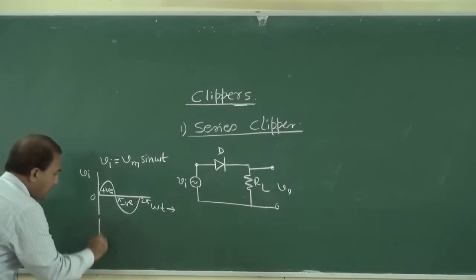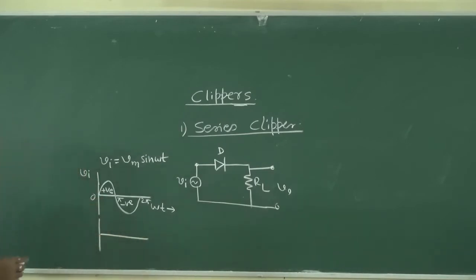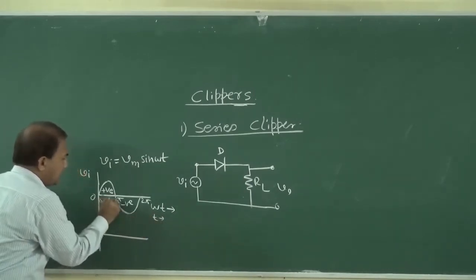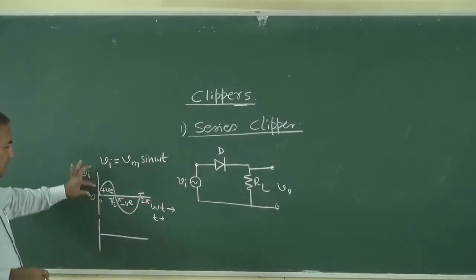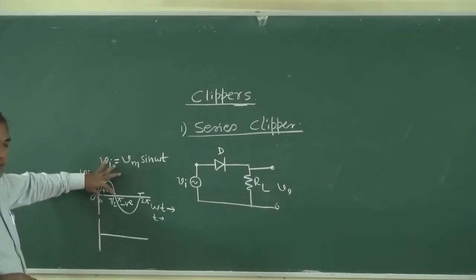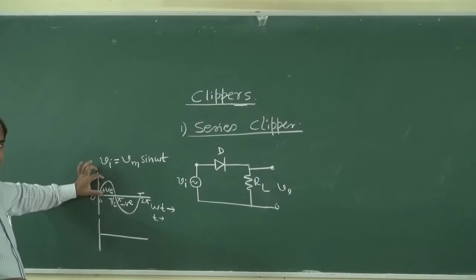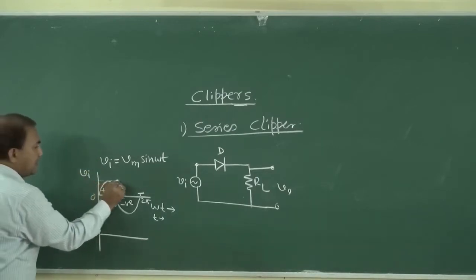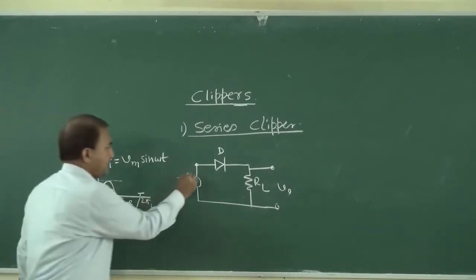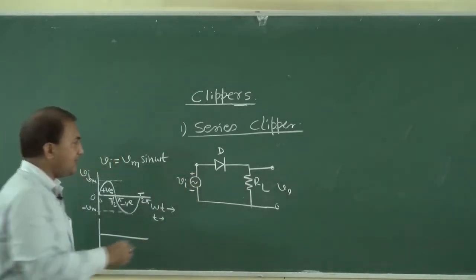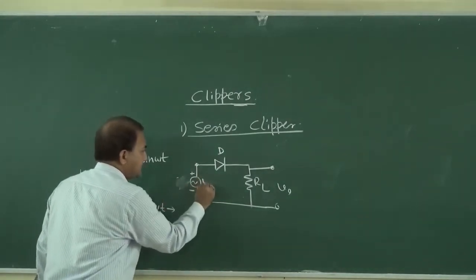Now in the output, what will we get during the positive half cycle, that is from 0 to pi, or if this is the time period, from 0, T by 2, then T. Its peak amplitude is plus Vm, and here it is minus Vm.